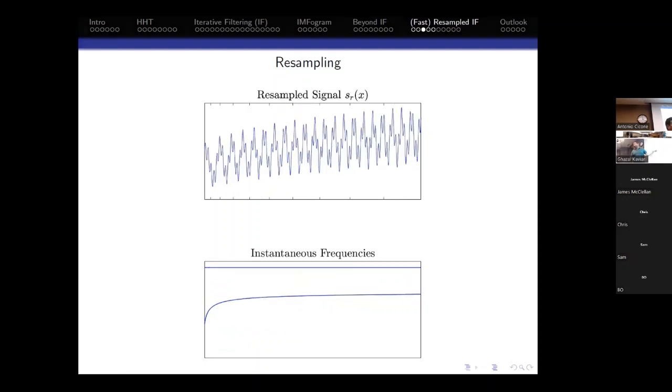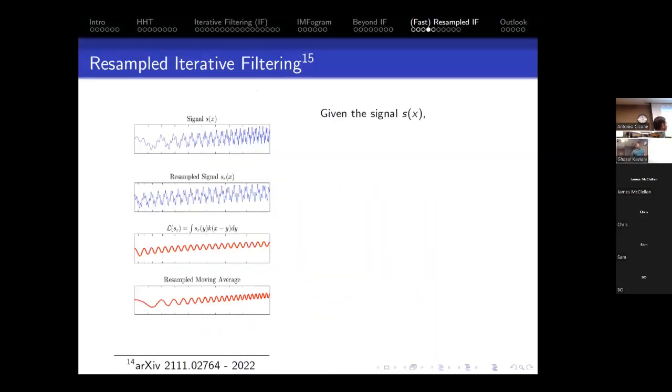After the resampling, it's just flat. Stationary, now you can apply fast iterative filtering to extract using this bandwidth. You capture this component, you remove it, and then you sample back. And that's the decomposition. That's the stationary component you extract, and this is what it looks like after resampling back.